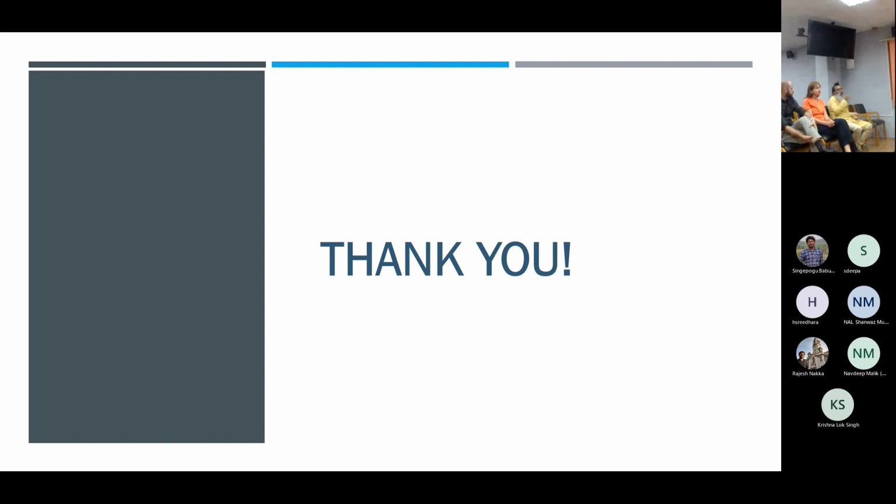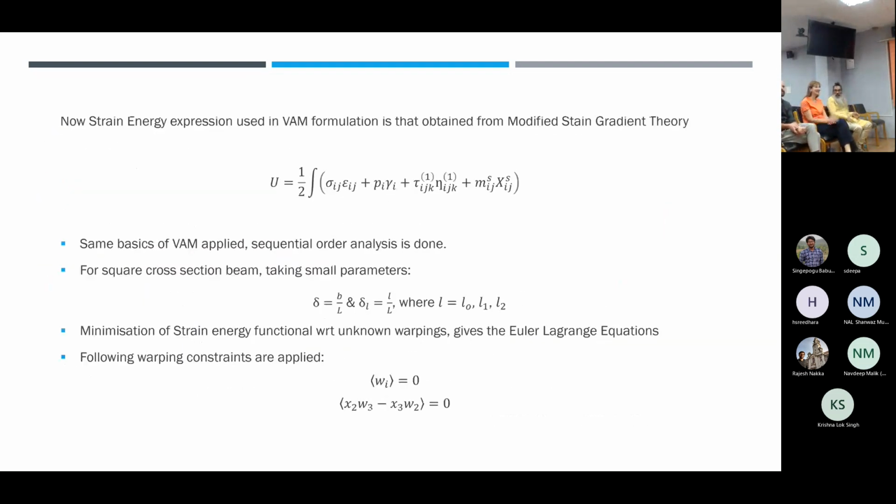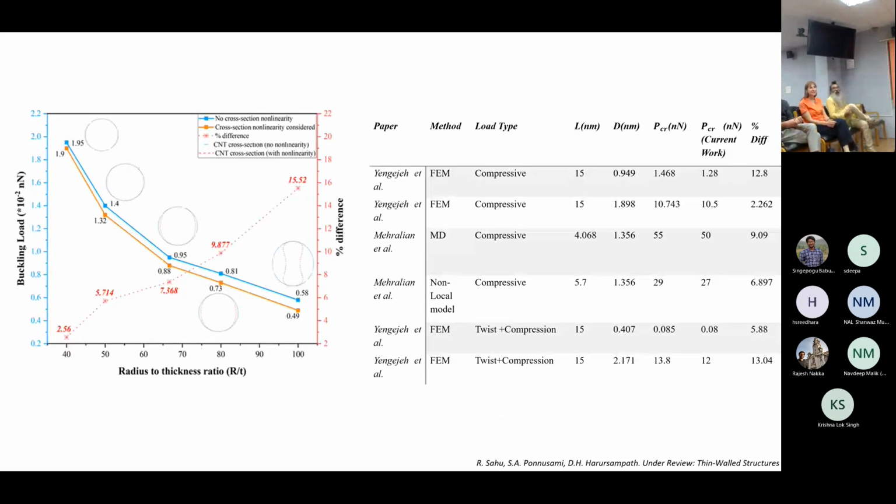We have FEM methods as well. Actually, we have verified, but since this is under review, I have not presented all the results. We verified using shell elements and beam elements.